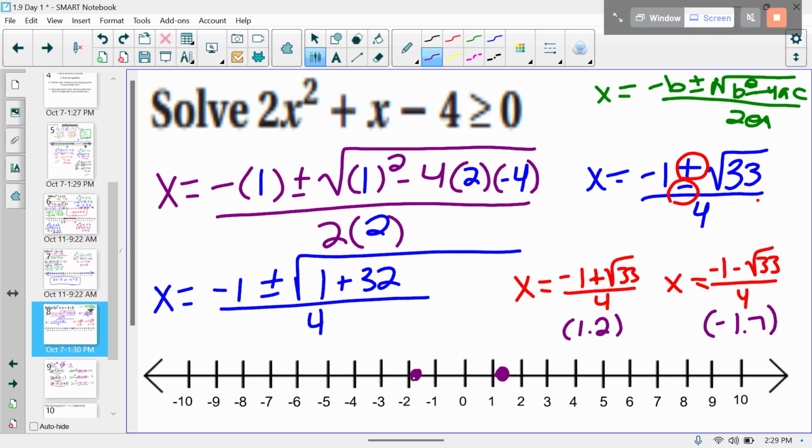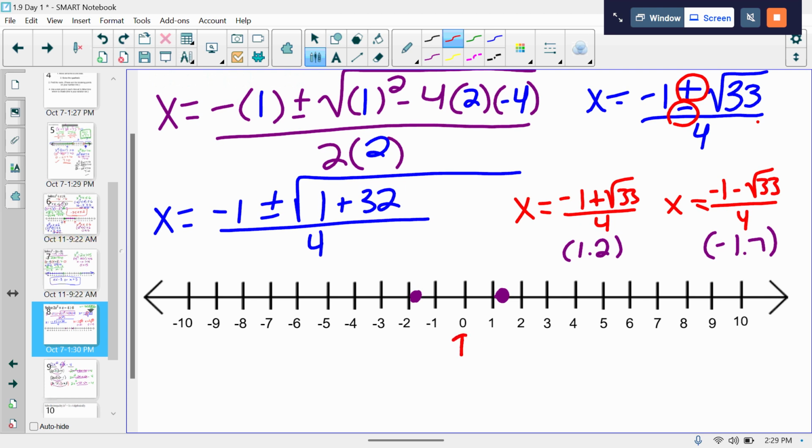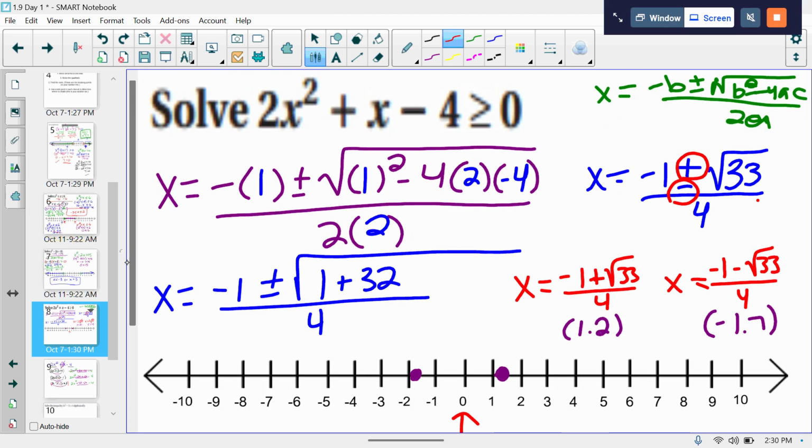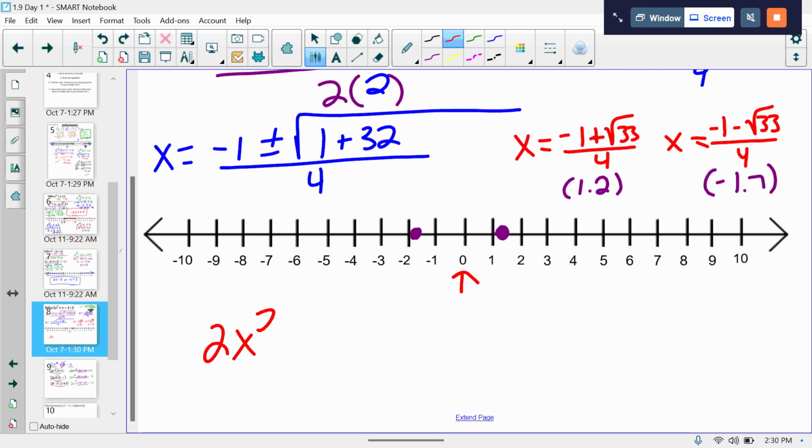And then again, we got to check maybe all the things less than this and greater than this work. Or maybe it's all the things in here that work. The easiest thing to do is test 0, remember? So let's take our inequality, 2x squared plus x minus 4.